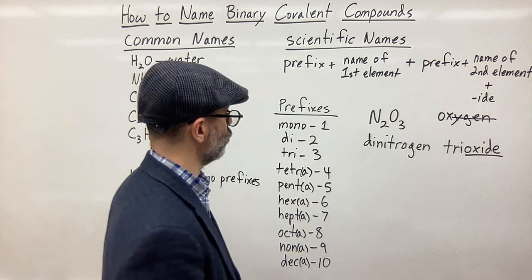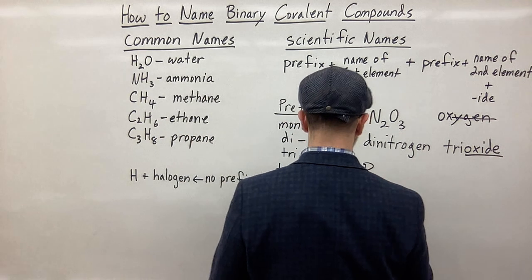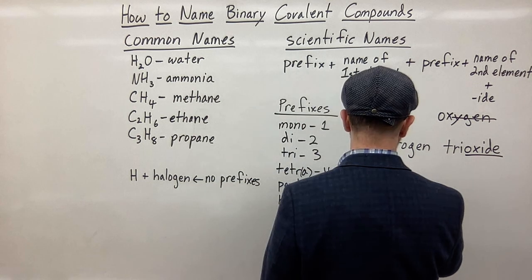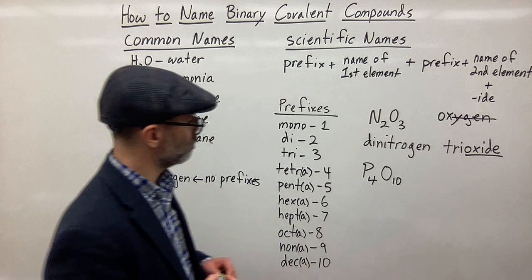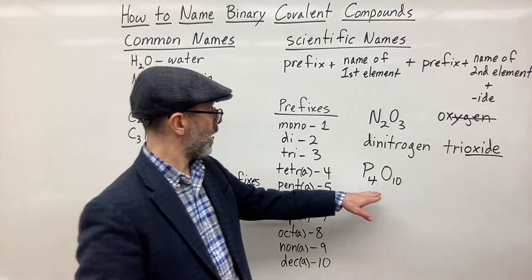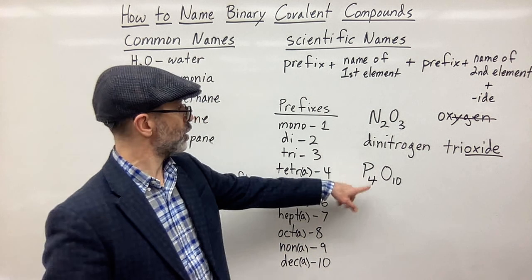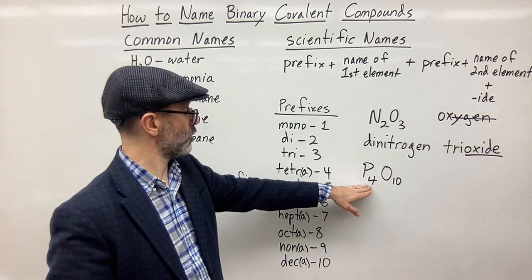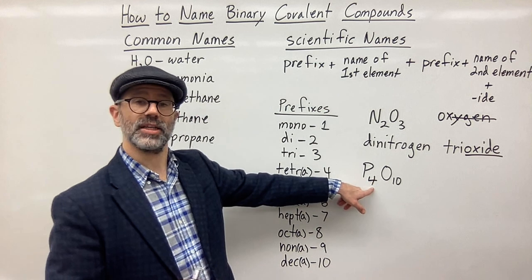So let's go ahead and do another one. What about P4O10? Same thing. I'm going to start with the first element, which is phosphorus. It's going to be the prefix followed by the name of the first element. The first element is phosphorus, and the prefix is determined by the subscript.